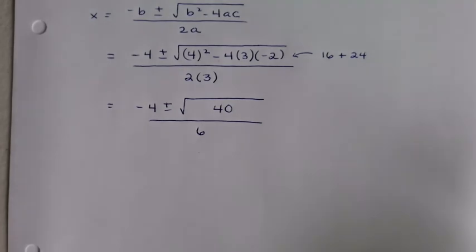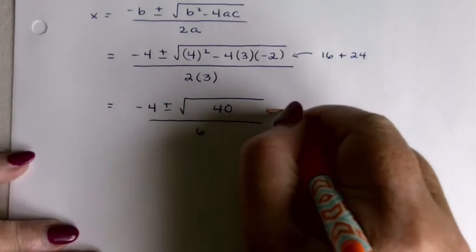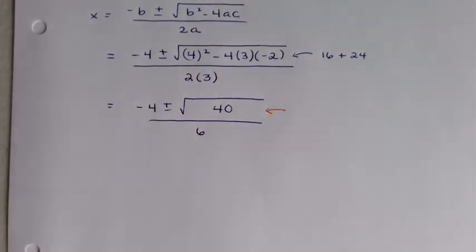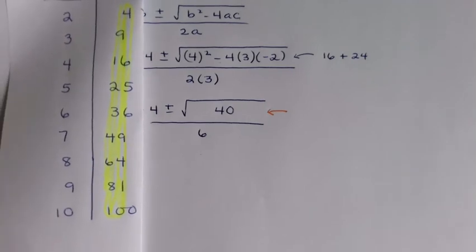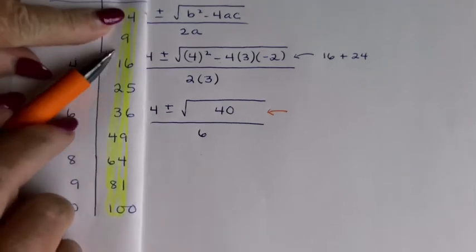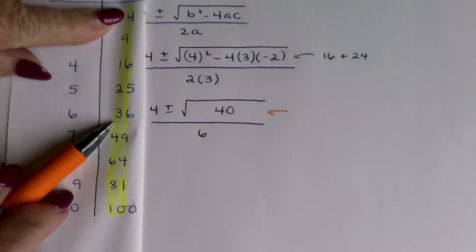Next thing I'd like to do is to break down my radical. So looking at that, I'd like a perfect square that goes evenly into 40. And I don't think I'm going to do any better than just 4. If we think again about our list of perfect squares, after 4, I don't think any of those go evenly into 40.